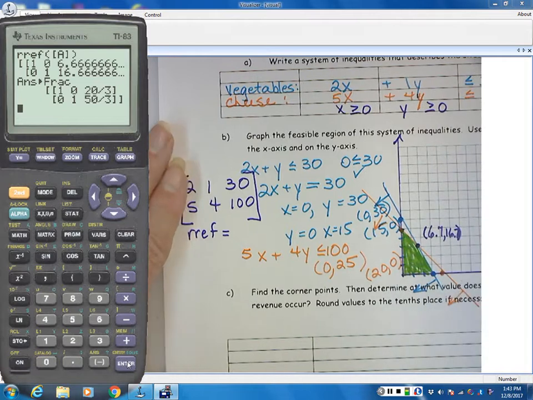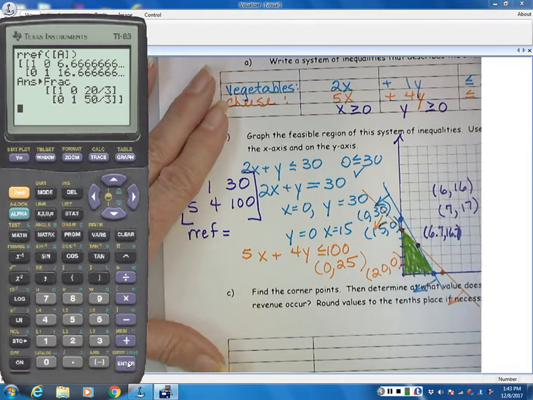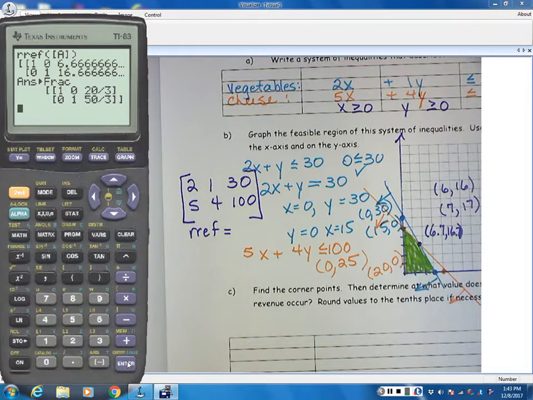But then we have to talk realistically, can they make 2/3 of the pizza and sell it? No. So what they actually are going to have to do is they're either going to make 6, 16, or they're going to make 7, 17. They won't have the resources to do a 7, 17.